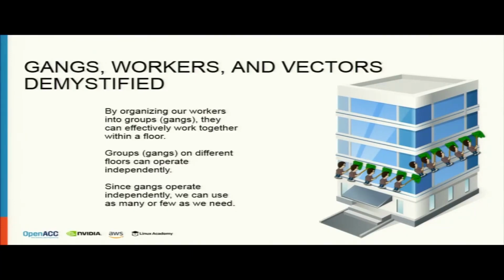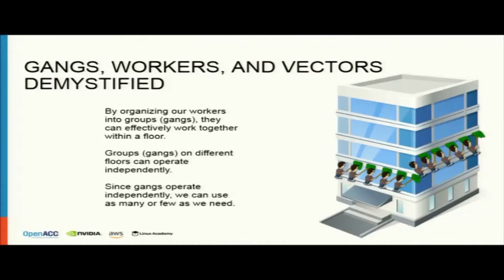Just to give an example, by organizing our workers into groups, we call them gangs. A group of workers together makes one particular gang. And these gangs on different floors can operate independently, because painting one floor is completely different from painting the ground floor. They can work independently and they do not talk to each other.